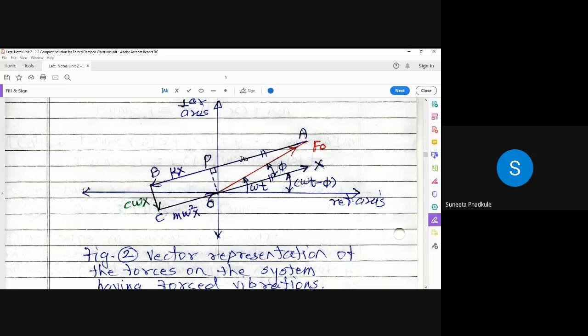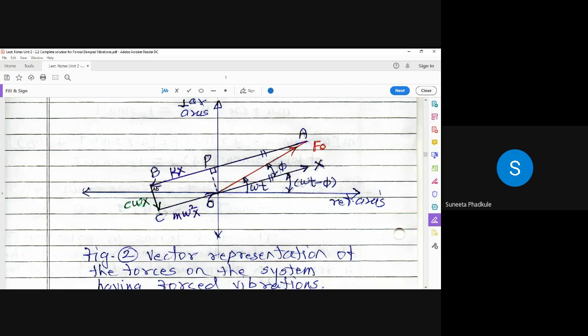So what I did, I have drawn a perpendicular from point O on the line AB, and that point is denoted by P. Now which is the right angle triangle? OAP. I am going to consider only this triangle. And what is OP?